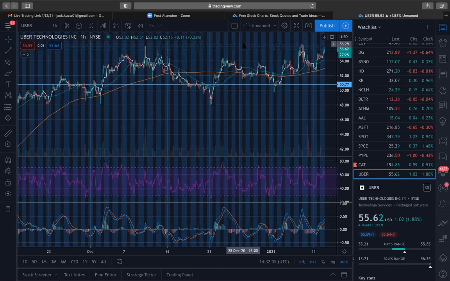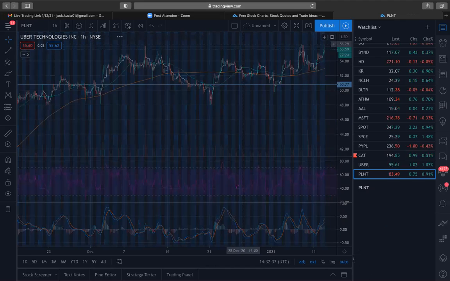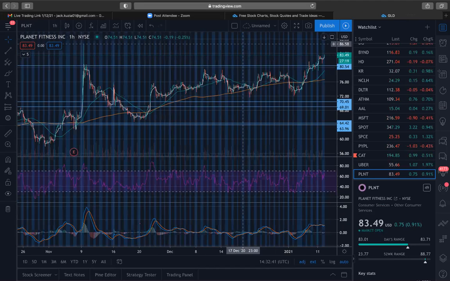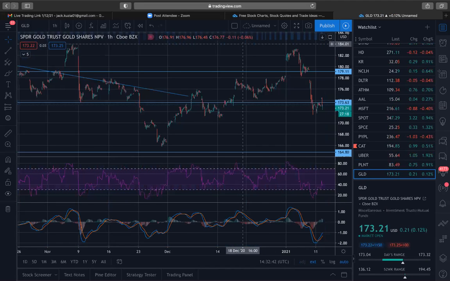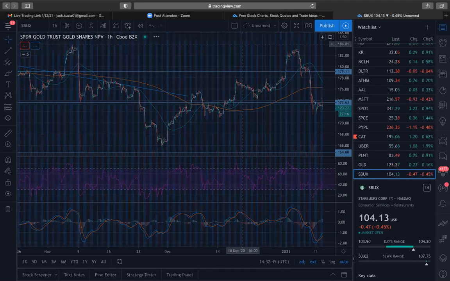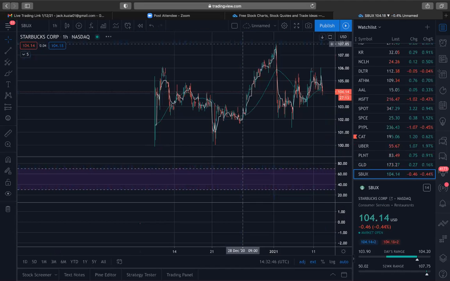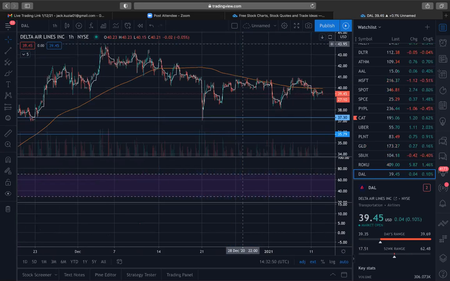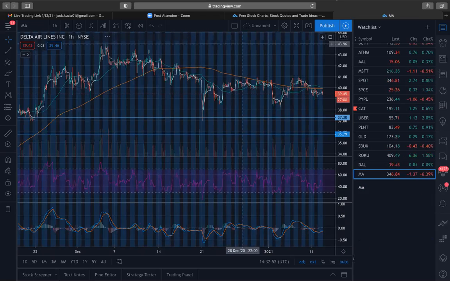What ORB stands for is just opening range breakout, right? A lot of different opening ranges are used for it. I would say the most common is probably 15 minutes.